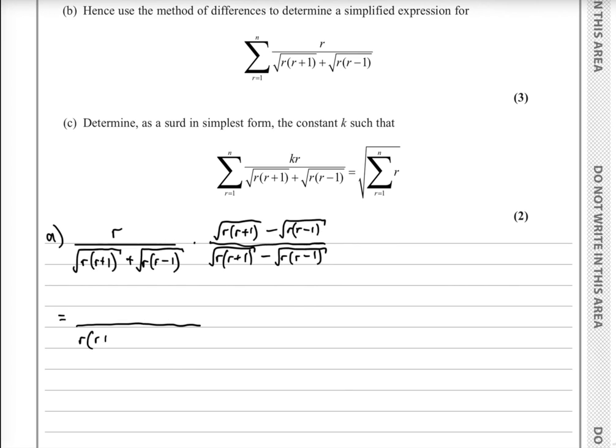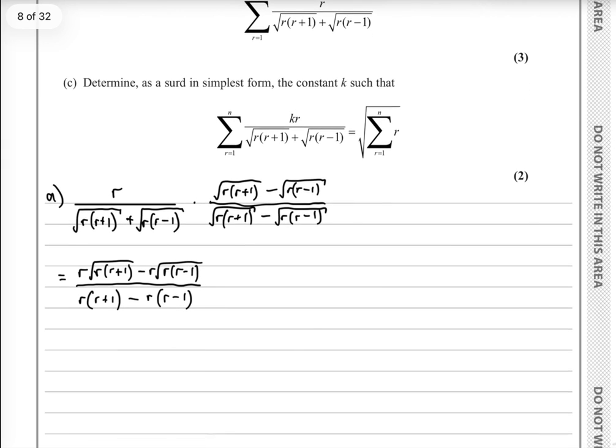We get r plus 1, and then when they interact, the positive and the negative are going to cancel out, and we're going to get the other one squared, which will give us minus r minus 1. In the numerator, we're going to get r times r plus 1 minus r times root r minus 1.